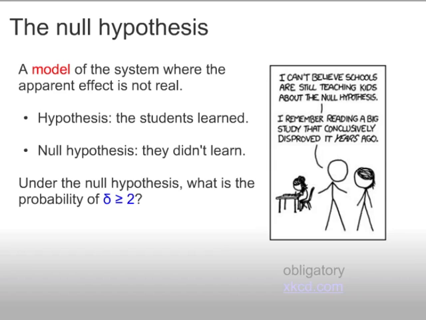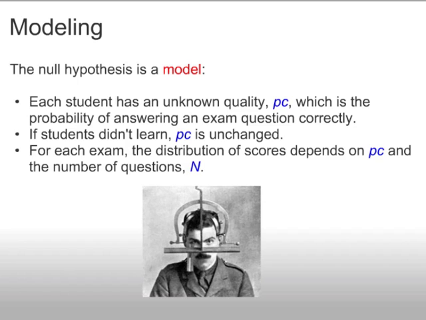Now I can generate exam scores because for each exam that the student takes, the score that they get only depends on the PC for that student and the number of questions that are on the exam. So now I have a model of the null hypothesis.